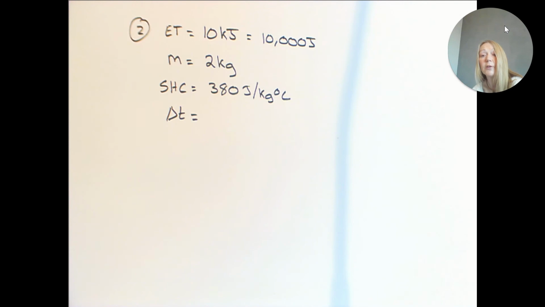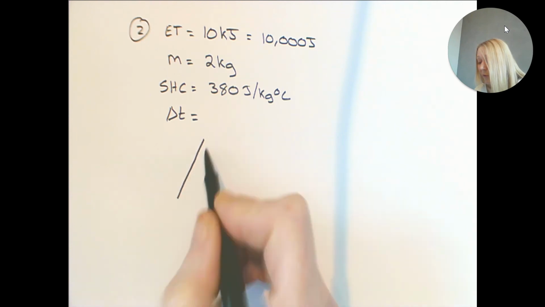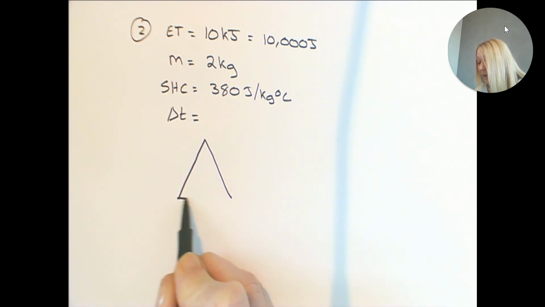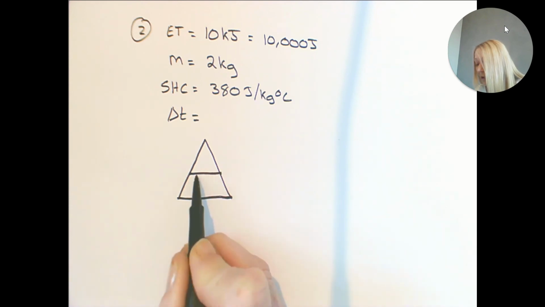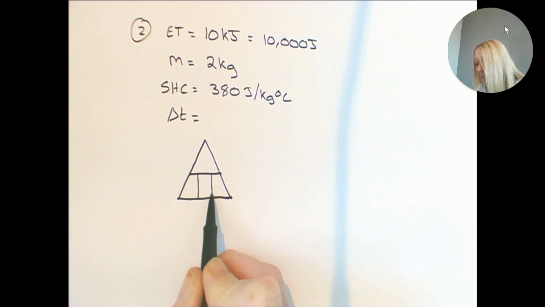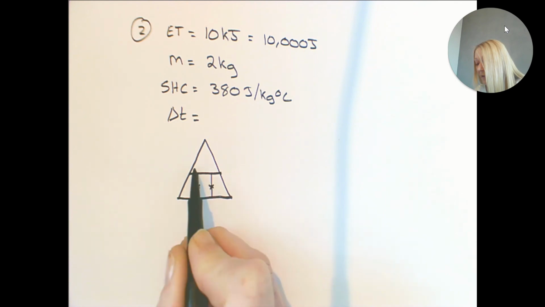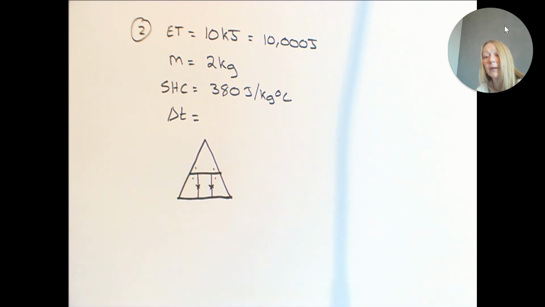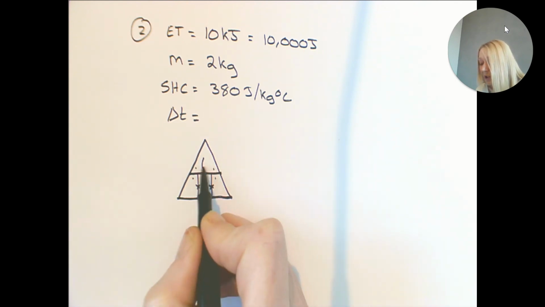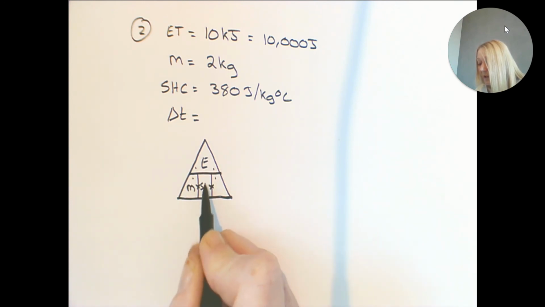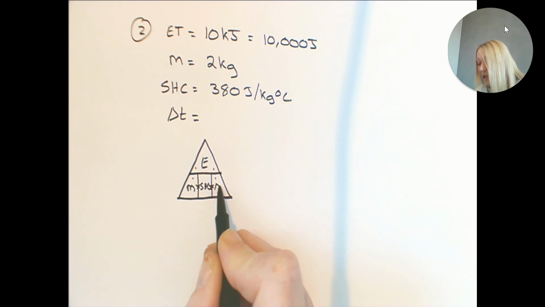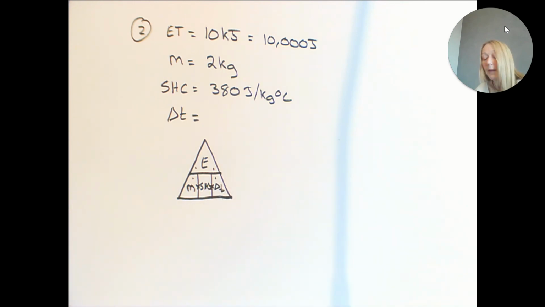So we're going to use our triangle. Now you can still use a triangle even though it's got 4 components. So we're going to use a triangle like this. So we can use 3 times at the bottom. Remember, these are our times line, this is our divide line. So we know that energy equals the mass times specific heat capacity times the change in temperature.